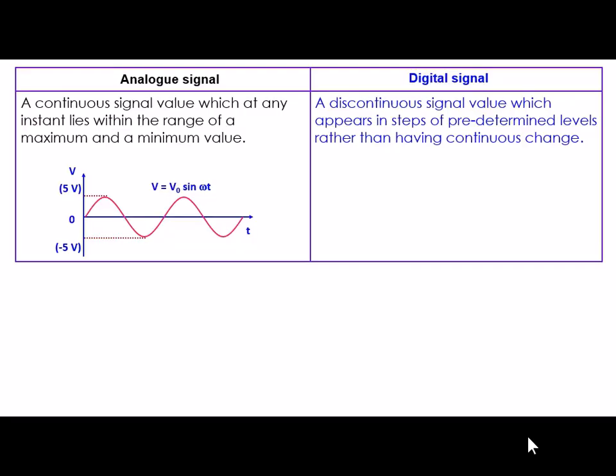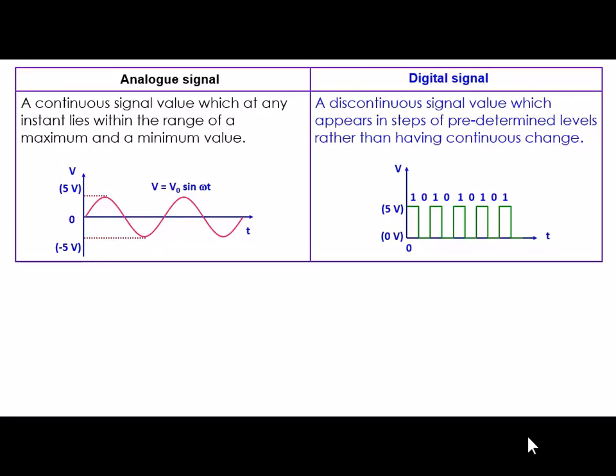Similarly, this is the representation of a digital signal, where the signal has only two predetermined levels. One is plus 5 volt and one is 0 volt. In digital electronics, we represent this plus 5 volt as 1 and this 0 volt as logical 0.